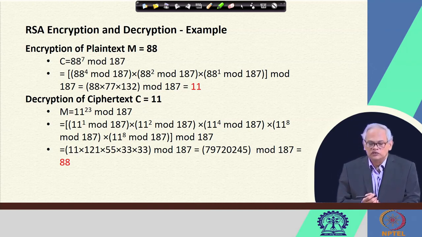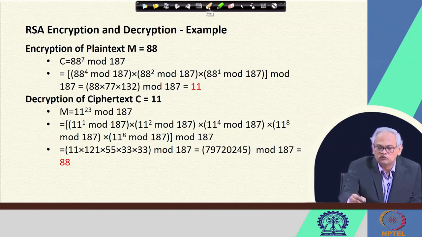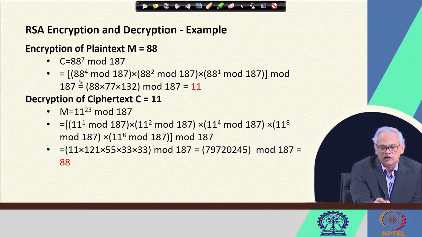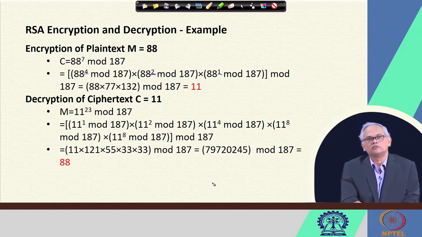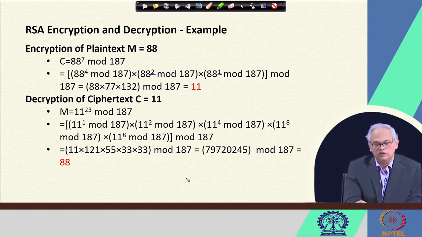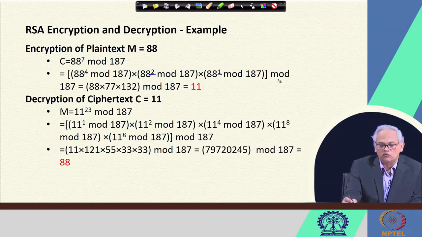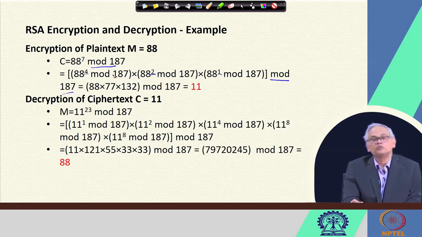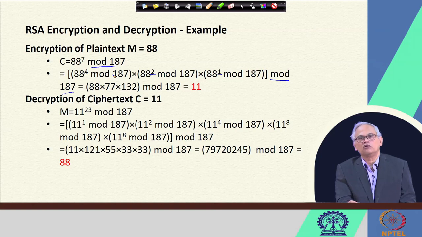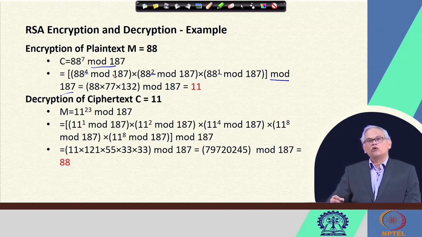So, instead we can use a little bit of modular arithmetic, and this 7 we break up into 4, 2 and 1, as you can see, and then we can also apply this mod 187 on each of them individually, and then the whole mod 187 stays. So, this mod 187 stays here, as you can see. And then each of these, if we compute, is much easier to compute as compared to raising 88 to the power of 7 and then doing mod 187.